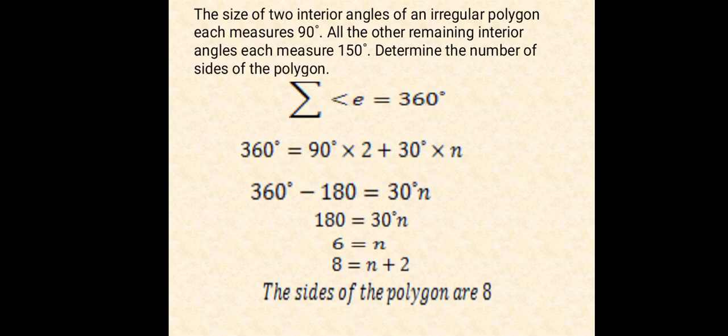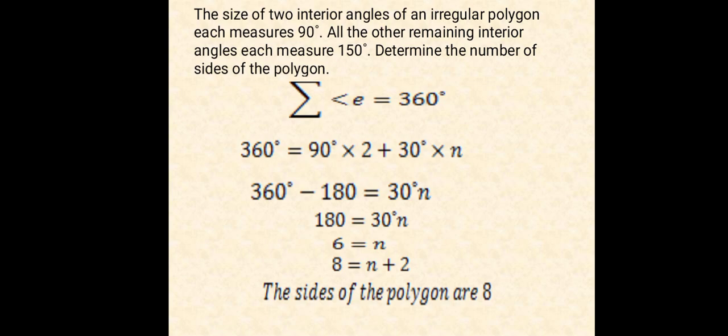Now 360 is equal to 90 times 2 plus 30 degrees times n, because we have been given two angles.